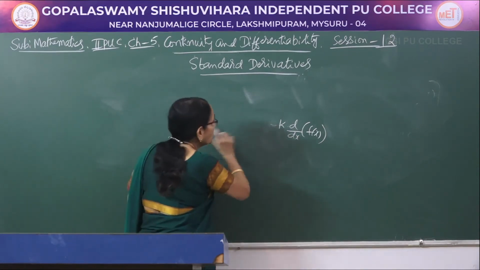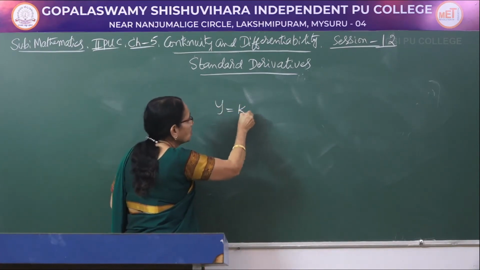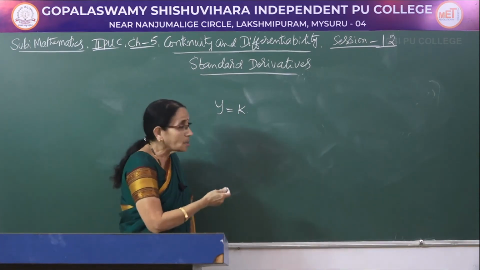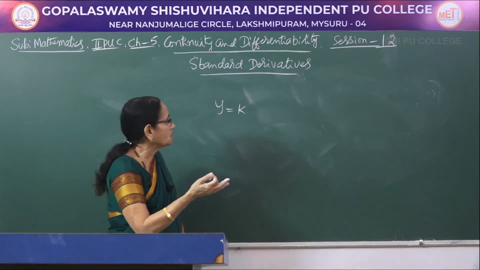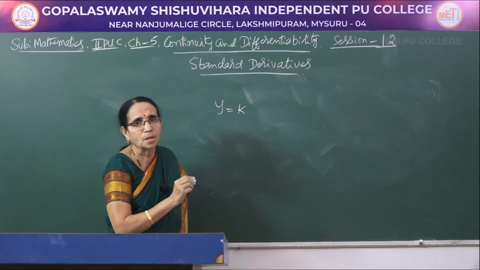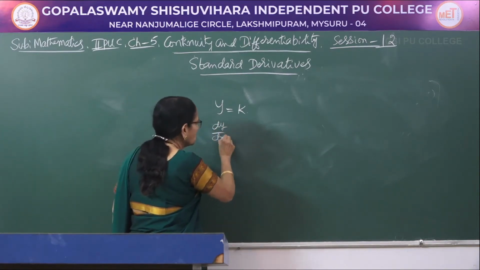Suppose we are having a constant function, y is equal to f(x) equal to k. Again, you have studied about the constant function in the first year PUC relation in function. Y is equal to k, a constant here. In that case, the derivative would be 0.